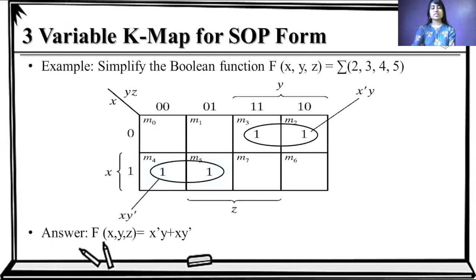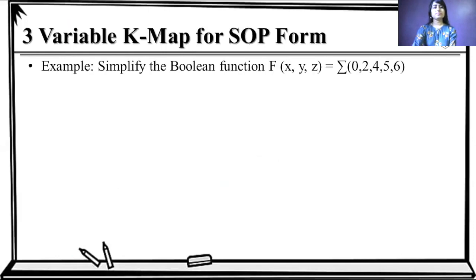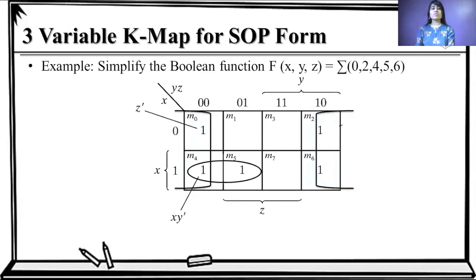Now let's discuss another example. Simplify the Boolean function of x, y, z equals summation of 0, 2, 4, 5, 6. So here we have a K-map for 3 variables, and we place 1 over the numbers 0, 2, 4, 5, 6.